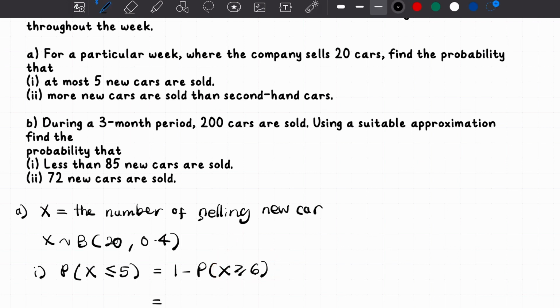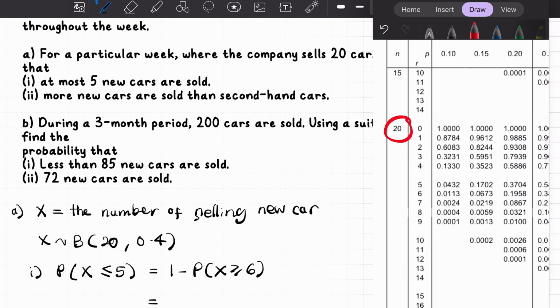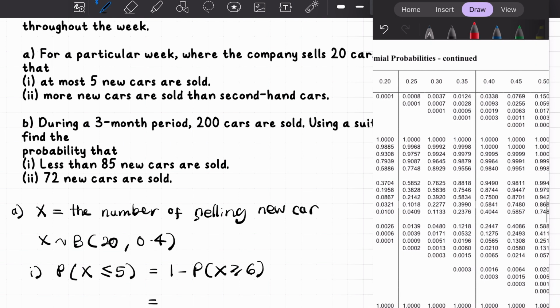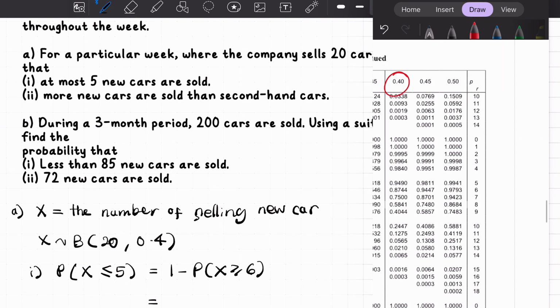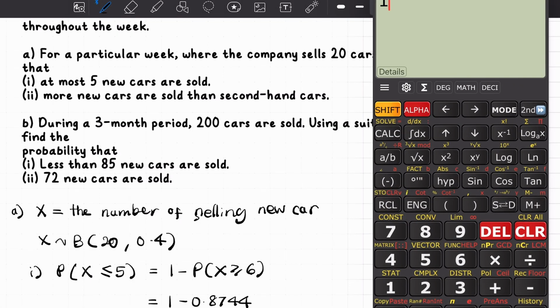So let us find the probability. n is 20 and p is 0.4. Probability of X greater than or equal to 6 is 0.8744. So 1 minus 0.8744 is 0.1256.